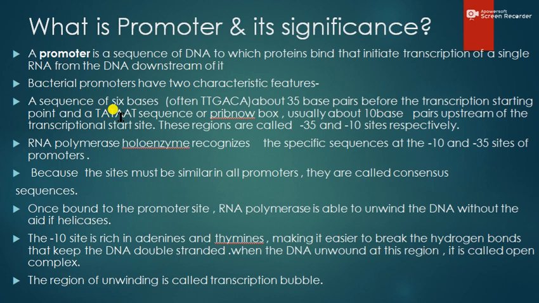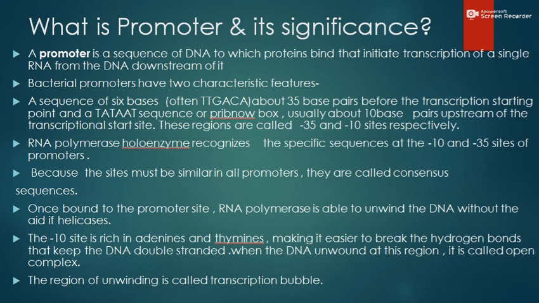One is at the -10 position and one is at the -35 position. Often TTGACA is found at about 35 base pairs before the transcription starting point. And we also have a TATA box, or the Pribnow box, which is found at the -10 site.